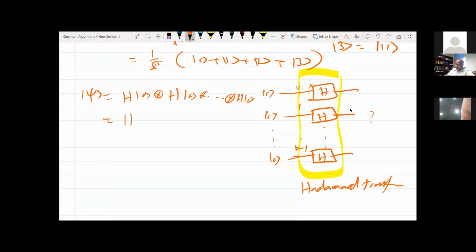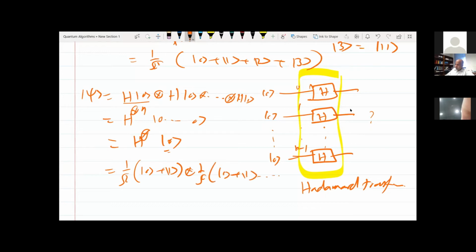I can also represent it as Hadamard tensor n on 0, or just Hadamard 0, because this 0 is a label for the 0, 0, 0, 0 state. So coming back here, this is 1 over square root 2, (0 plus 1), tensor 1 over square root 2, (0 plus 1), all the way to the nth qubit.